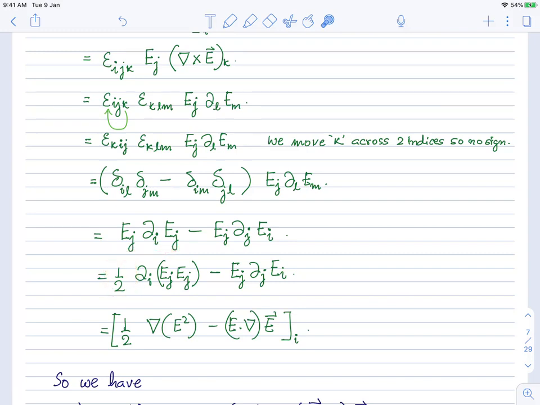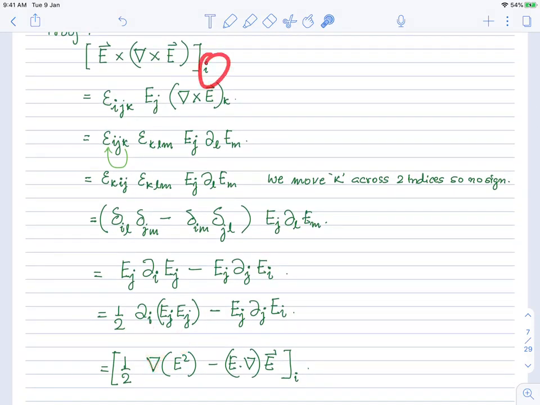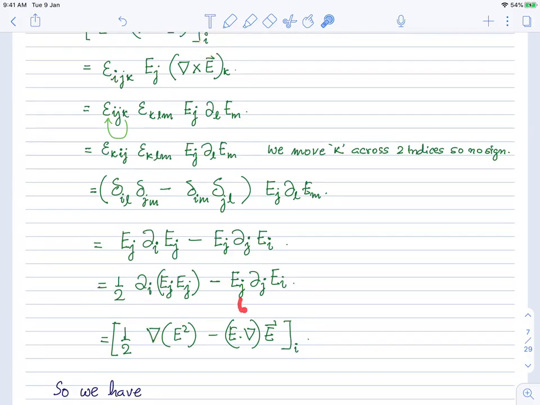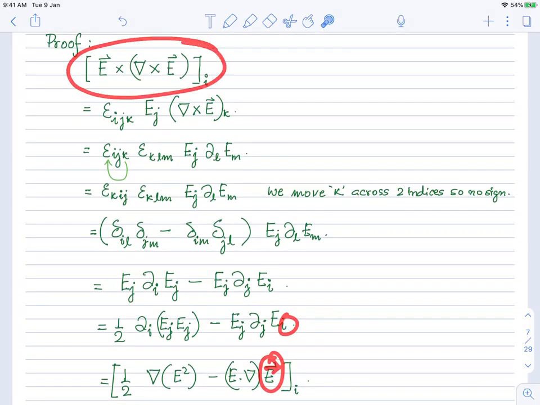Now if I write it in this way, you can see that inside this is just E square, and this derivative has the free index, so this is the vector index of the gradient of this. And in the next term we have E dot del, because this J is summed over, and the free index I is carried by the electric field, so this is the I index of that vector.